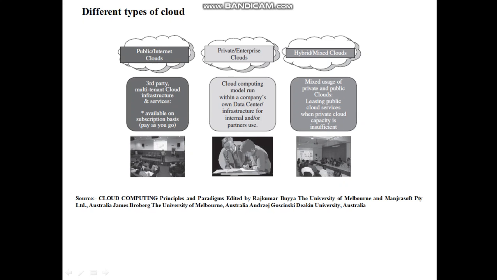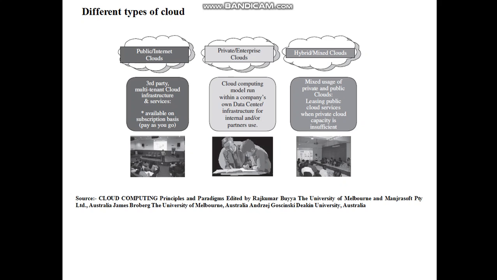There are three types of cloud: public, private, and hybrid cloud. Public cloud is pay as per use, and it can be used by anybody. Private cloud is only used within the organization, and hybrid cloud is a combination of a public cloud and a private cloud.